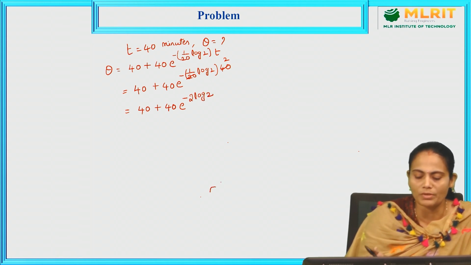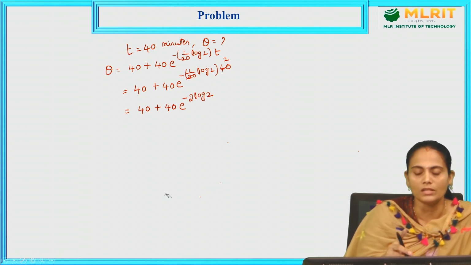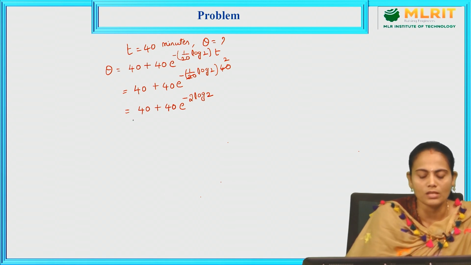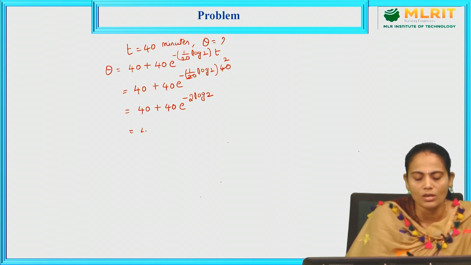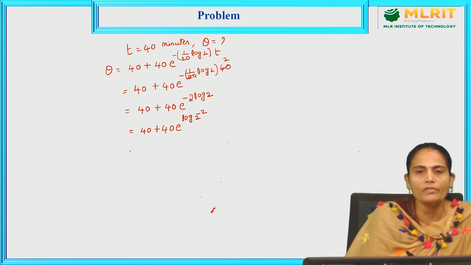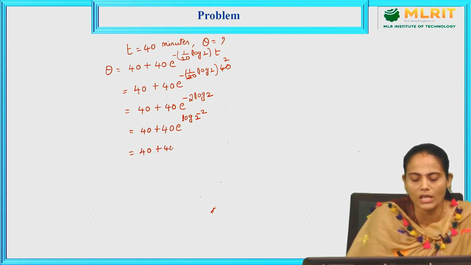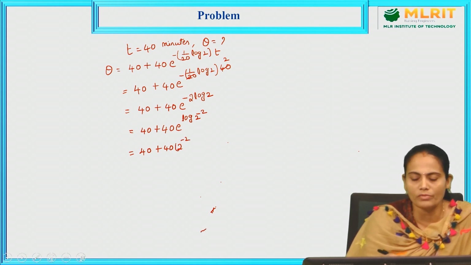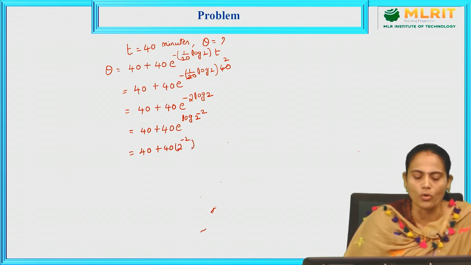So after the simplification, it will give the theta value. So now see the simplification here, 40 plus 40 into e power log 2 power minus 2. So e power log x is x, we know that. So 40 plus 40 into 2 power minus 2. So 2 power minus 2 value is nothing but 1 by 4.